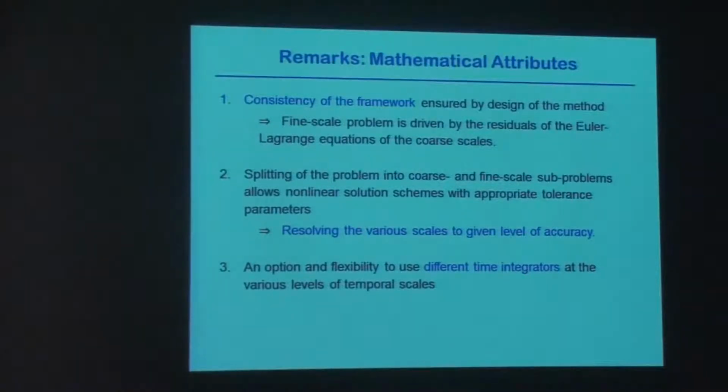So there could be an illusion that we got the solution, whereas fine scales may not actually get resolved. If you segregate them, then you can have tolerance parameters for both coarse scales and fine scales, so you can resolve each of these scales to an accepted level of accuracy that you want. And it also provides us a feature to use different time integrators at various levels. We have not exploited this feature yet, but this framework would provide us this feature for later use.